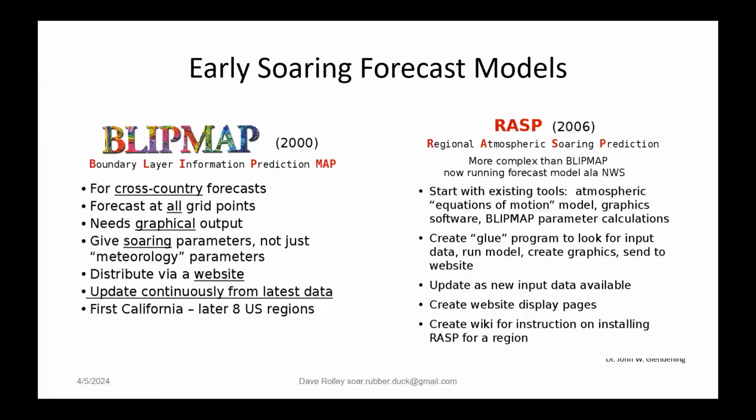The early soaring models, BlipMap goes back to about 2000. This was a real breakthrough at that time. It was first done in California and then later out into regions across the US. The RASP came in later. It's more complex. It's now running like a forecast model.